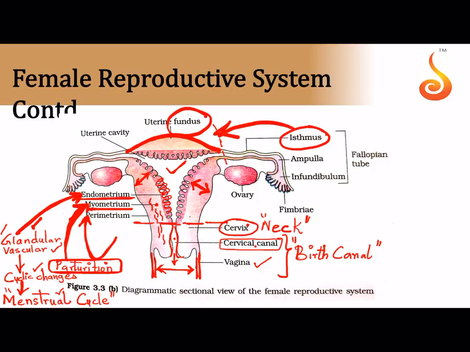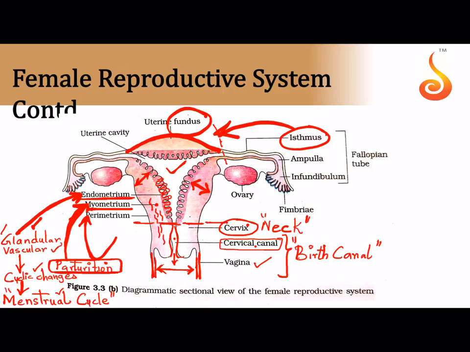Because when the child is taking birth, it passes through this canal before it moves out of the mother's body, and as a result, since the child passes through this canal, the cervical canal and the vaginal canal collectively are referred to as the birth canal. So you can expect this for a 2 marker or a 3 marker again. What are the parts that make up the birth canal? They may ask you that, or they may ask you what we already discussed, the layers of the uterine wall.